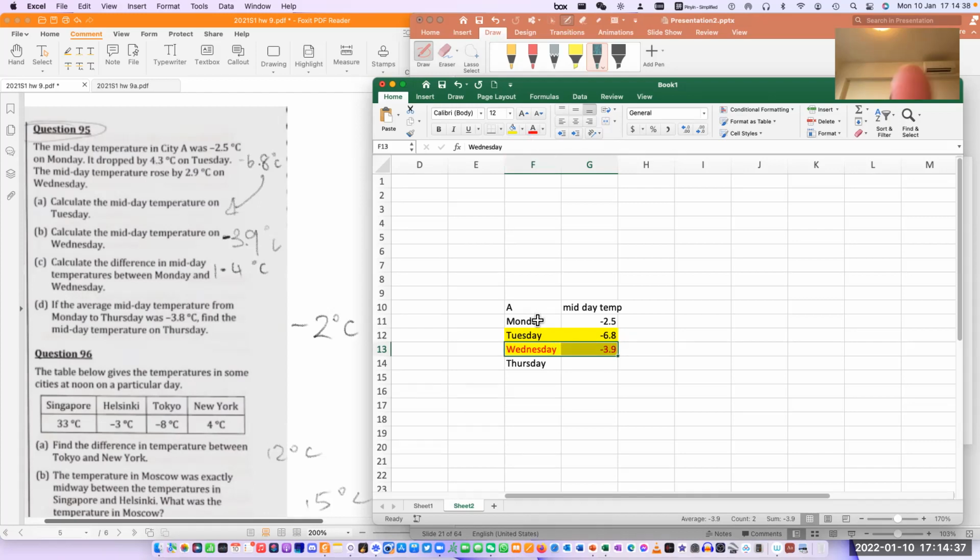Let me just use red color. How do you find the difference? You find the difference by using this one minus this one. So the difference is minus. Okay, so your answer is 1.4. My answer is minus 1.4. So is it minus 1.4 or is it 1.4? How do you decide?